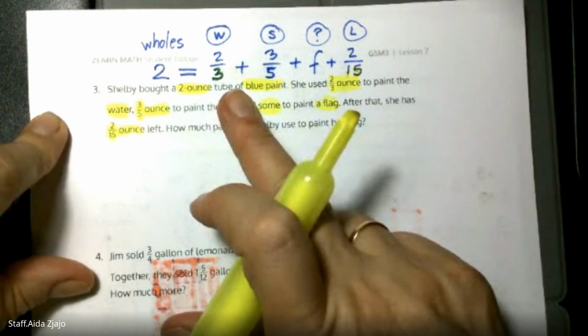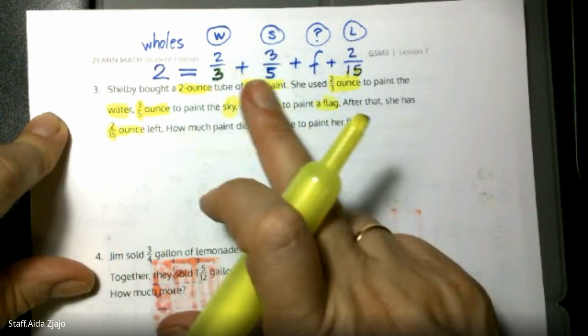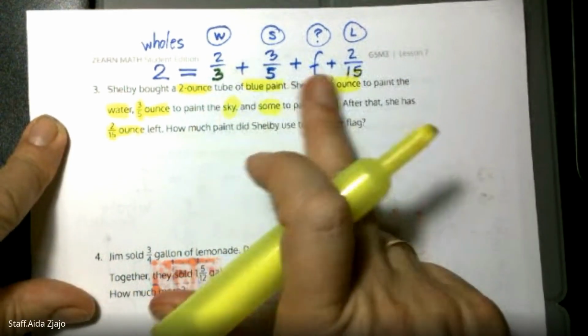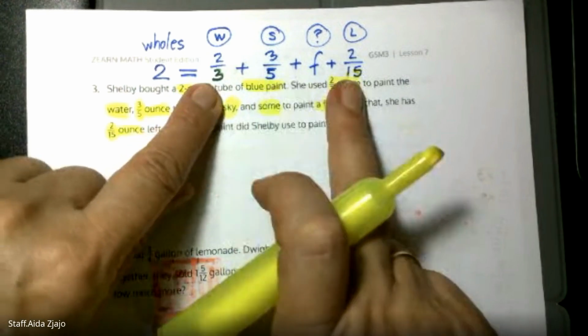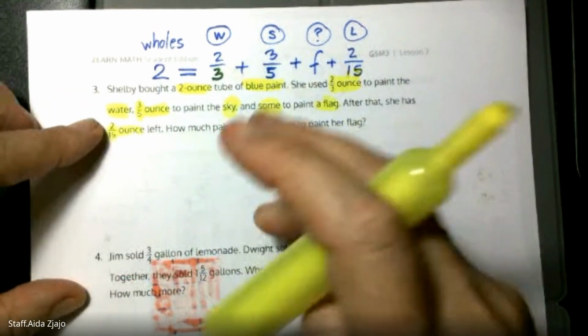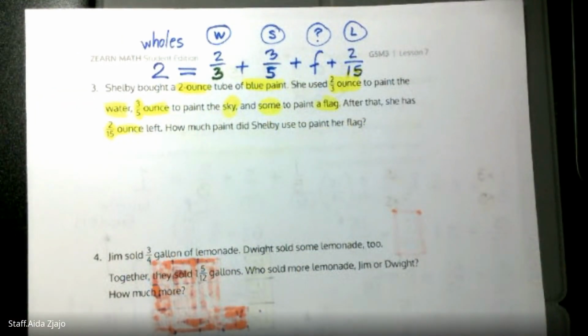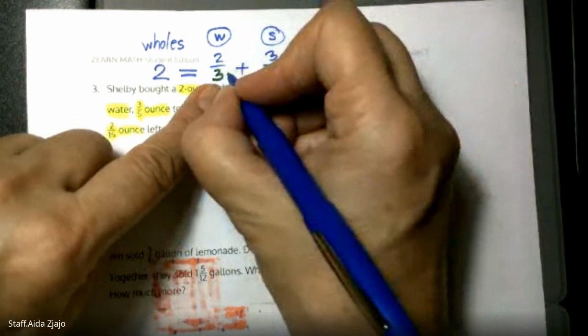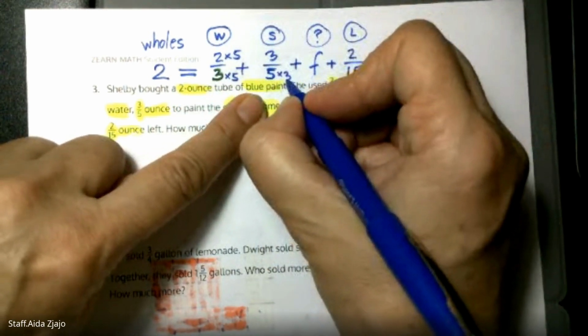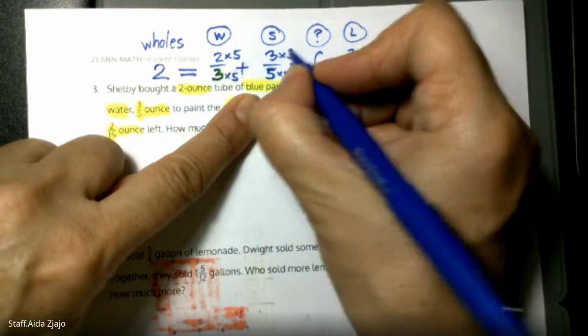So we can easily skip count by 3 to 15 and by 5 to 15. So we need to change both thirds and fifths into 15ths. Then we can figure out how much in 15ths she was using for the painting. So for 2/3, 3 times 5 is 15, and 5 times 3 is 15.